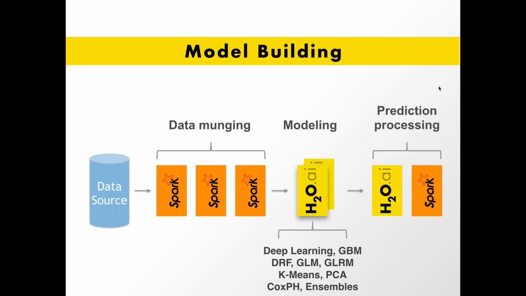We need to actually do the transfer of different formats because Spark and H2O both use different internal architecture to store the data. So we switch to H2O, do the modeling phase there, and then at the end we can decide whether we do predictions in Spark or H2O. It's up to us. So this is the first use case.